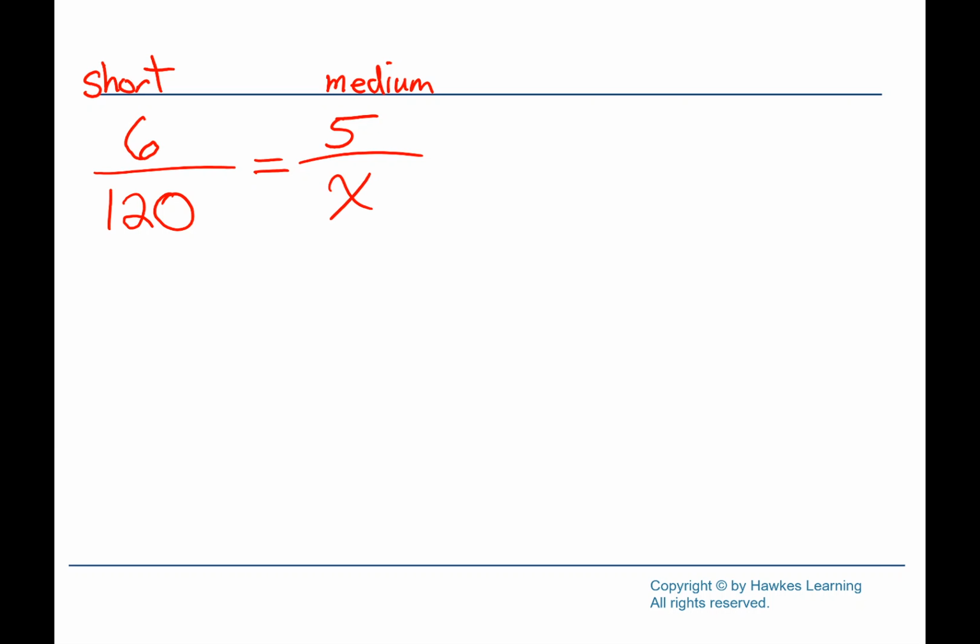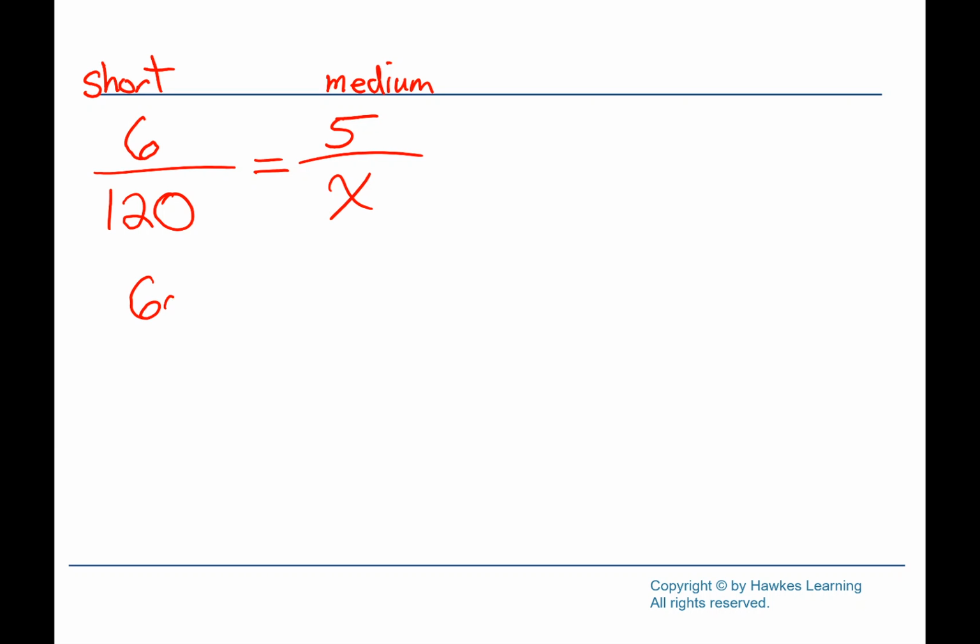Let's do a new slide. Looking for medium nails. I know I have a ratio of 6 short nails and a count of 120 short nails. For medium nails, I have a ratio of 5. And I don't know how many of them I have. That's what I'm trying to find. And so the top numbers are out of the ratio, and then the bottom numbers are the actual counts of nails.